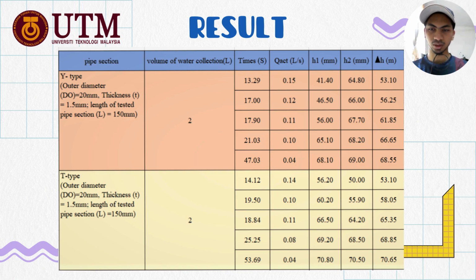We also took 5 readings here, and H1 and H2 are the pressures for the inlet and outlet of the pipe section, and the average pressure for each pipe section for the 5 readings.